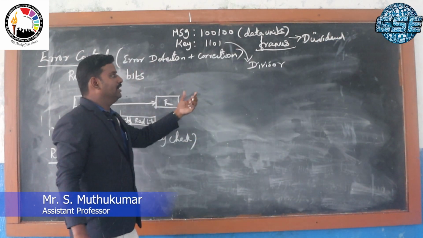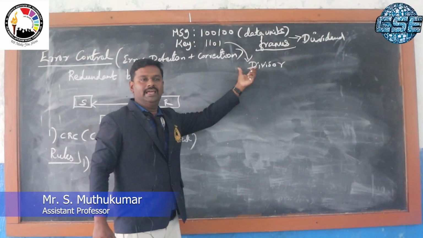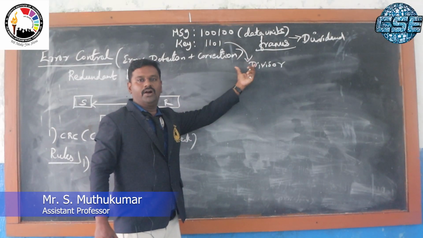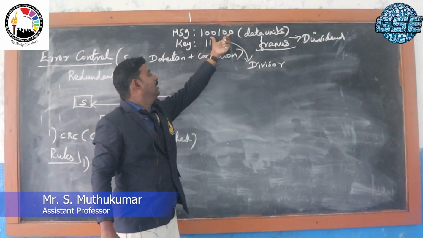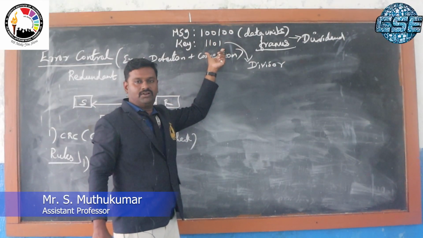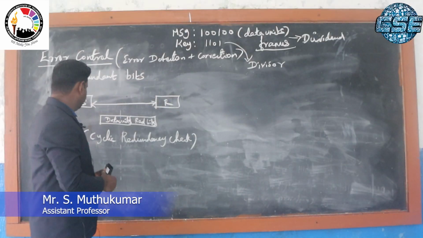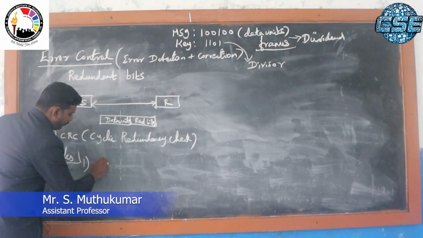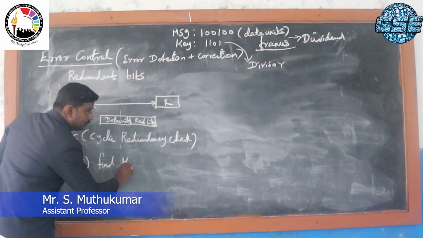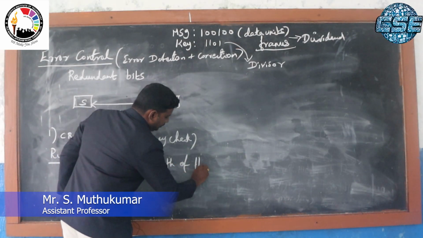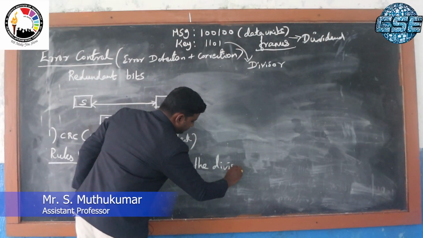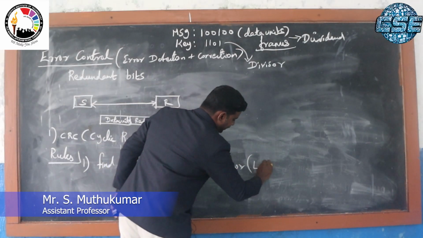The message unit is called the dividend. Because here we are going to apply binary division or modulo division, that's why the message unit is called the dividend and the key is called the divisor. First we have to find the length of the divisor, that is L bits.